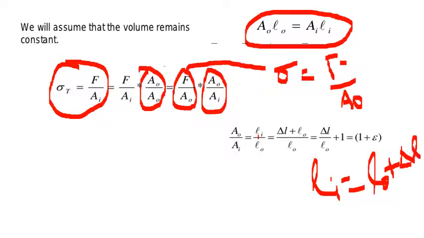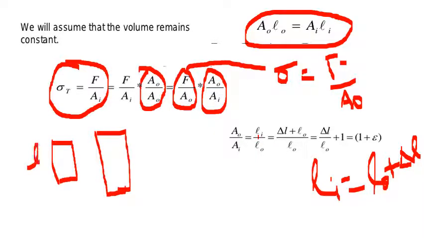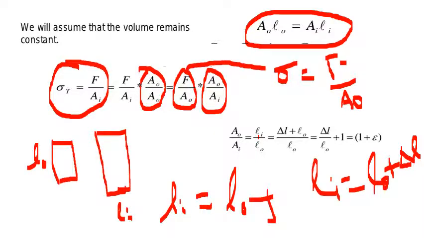That is delta L. If I take this as one specimen and this as one more specimen, this is the length L naught. Now this is the length Li. What is Li? Li will be equal to the original length L naught plus the increase in the length, this much. That is delta L, which is what we have written here.